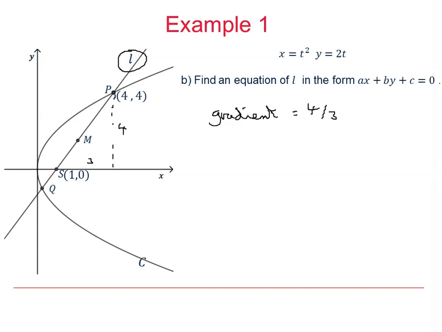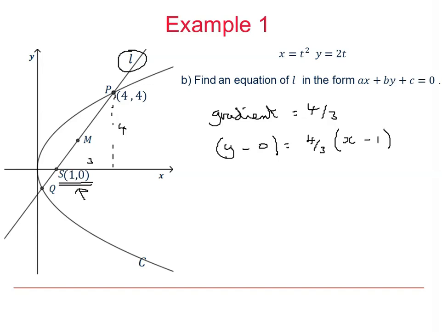Therefore the equation: we have y minus y1, and I'm going to use S for my y1 point, so y minus 0 equals the gradient multiplied by x minus 1. That's x minus x1 for this point here.